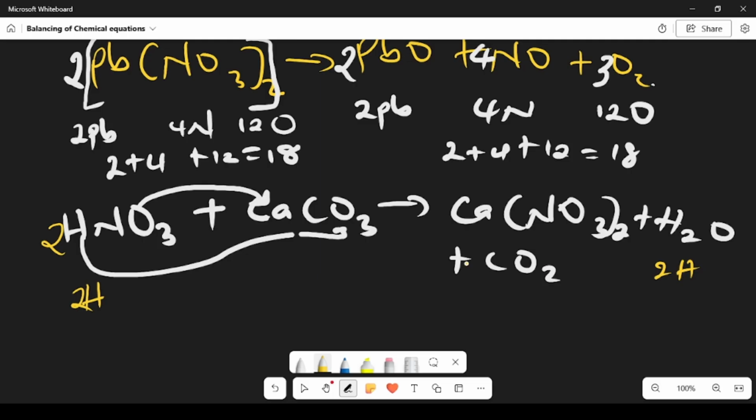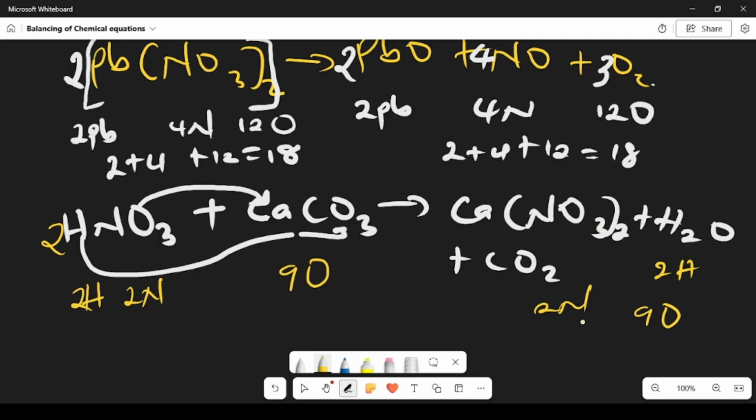So you have 2 nitrogen, then here 2 times 1, that is 2 nitrogen. For oxygen, you have 2 times 3, which is 6, plus 3, which is 9. So you have 9 oxygen atoms. And here you have 2 times 3, that is 6. 6 plus 1 is 7, and 7 plus 2 is 9 oxygen.